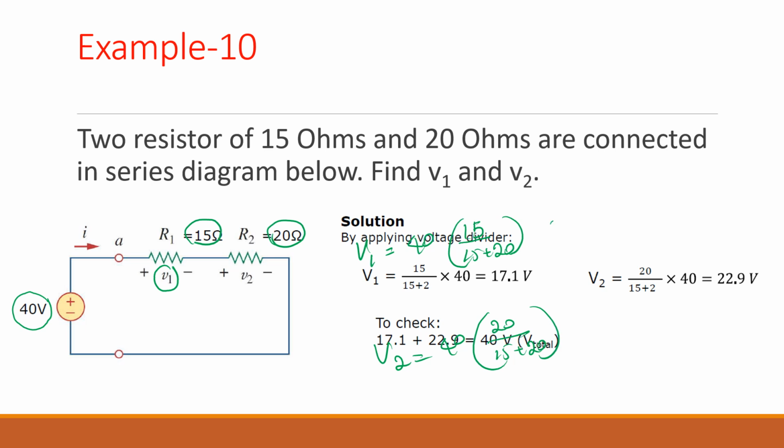When we add these two together, again we should get 40 volts, like in the previous question for the current division rule. Whatever current comes in should equal the current going out. Similarly, whatever voltage is supplied by the voltage source should be split between the resistors, so the sum of that should equal the total. You can put these values in the calculator and find V1 and V2.